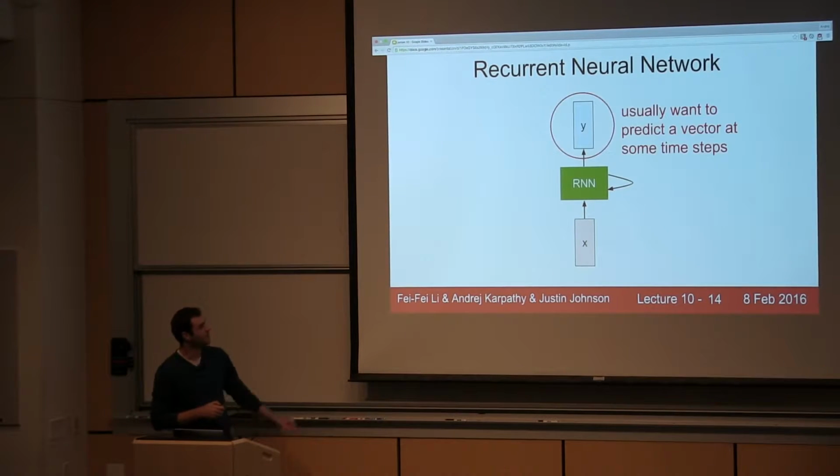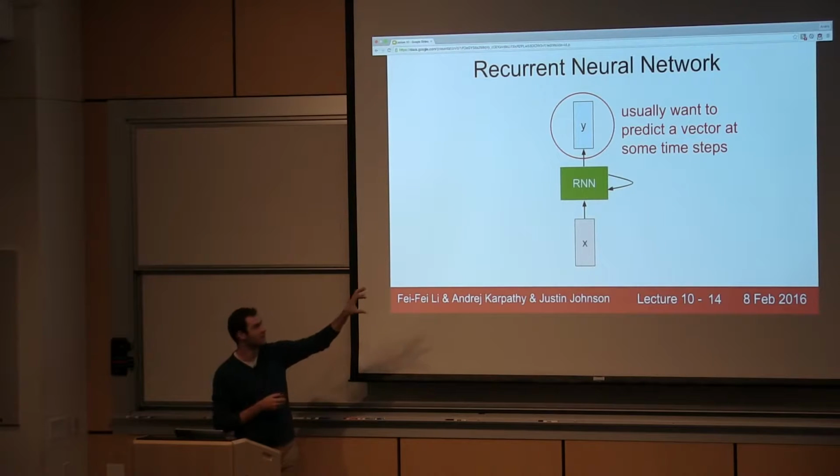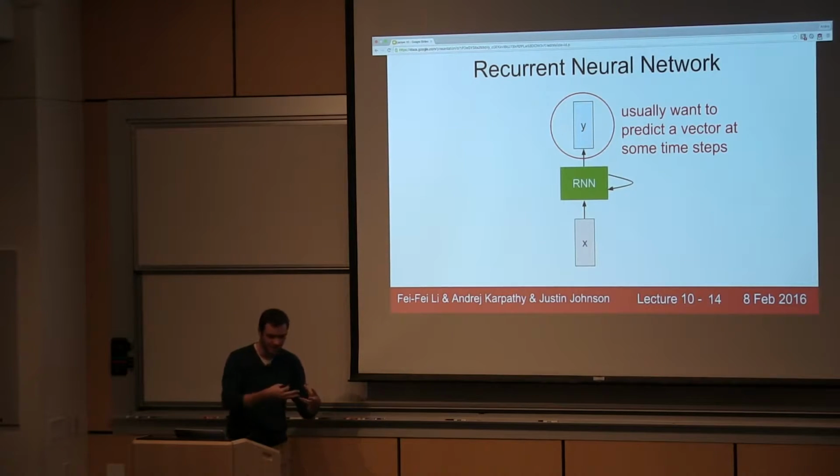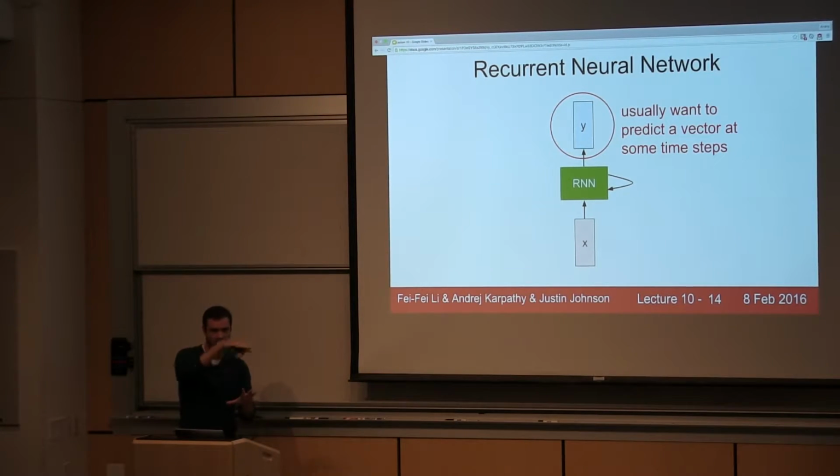Now, usually, we can also be interested in producing an output based on the RNN's state. So we can produce these vectors on top of the RNN. You'll see me show pictures like this, but I'd like to note that the RNN is really just the block in the middle where it has a state and it can receive vectors over time, and then in some applications we can base some prediction on top of its state.